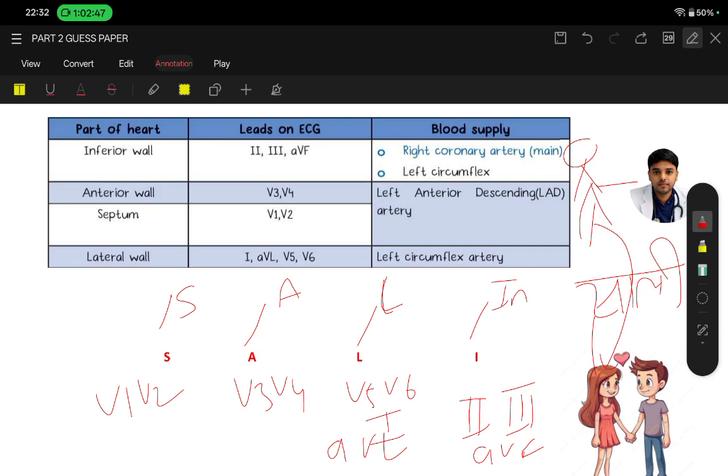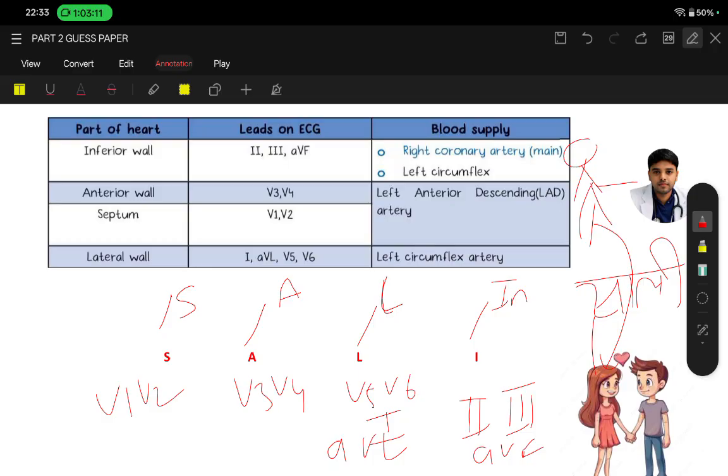So you have to see the leads on the ECG. If it is V1, V2, it is the septum. V3, V4 is the anterior wall. V5, V6, AVL and the first lead is the lateral side. Leads 2, 3 and AVF is the inferior wall MI.